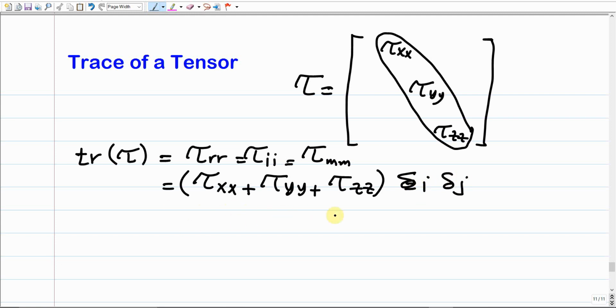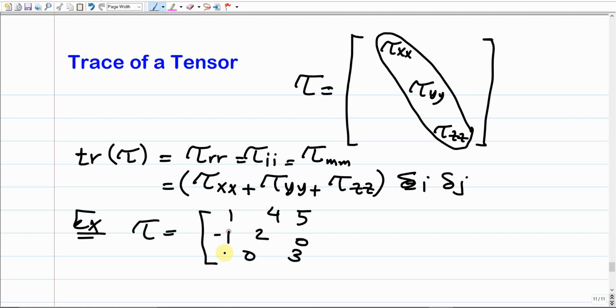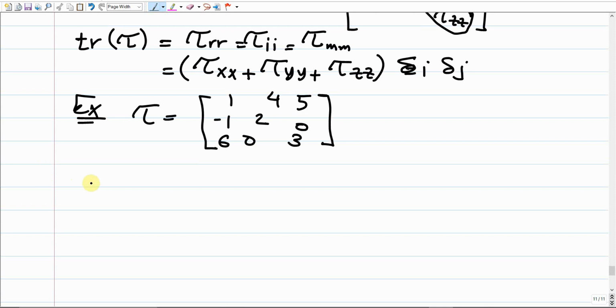Let us consider an example to make this clear. Suppose we have this tensor tau: 1, 2, 4, 5, 3, 0, 0, negative 1, 6, for example. So this is a general tensor. How about if we are interested in the trace of this tensor?